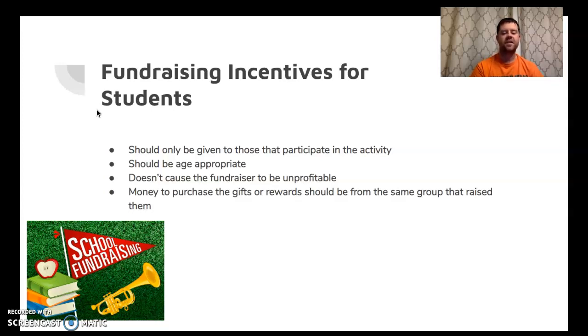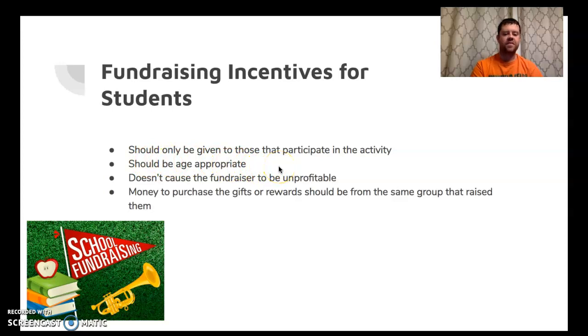And this year's incentive party would take them to Top Golf in Kansas City, which is going to cost somewhere around $40 to $45 per student that qualifies. So in the end, we're still profiting over about $100 per student, and we're giving them a goal to work for. However, there are some guidelines to follow, and they're very important to keep in mind.